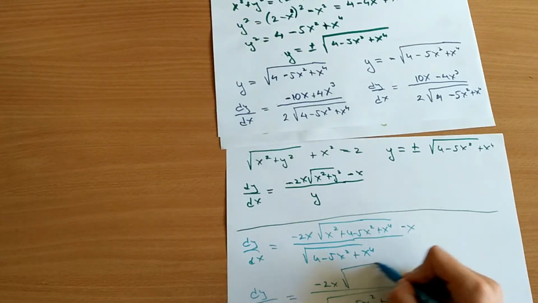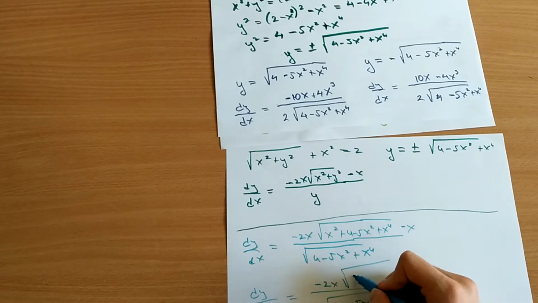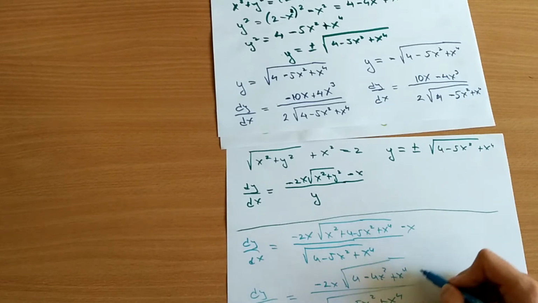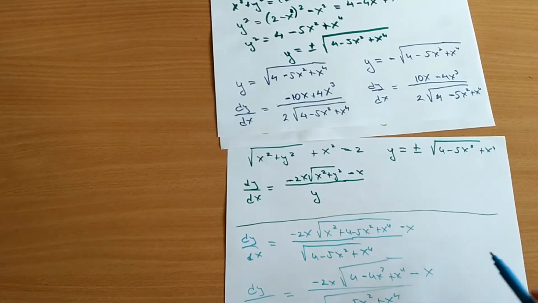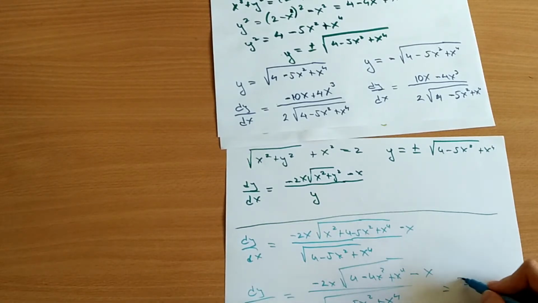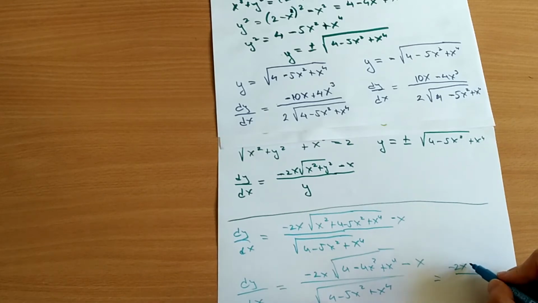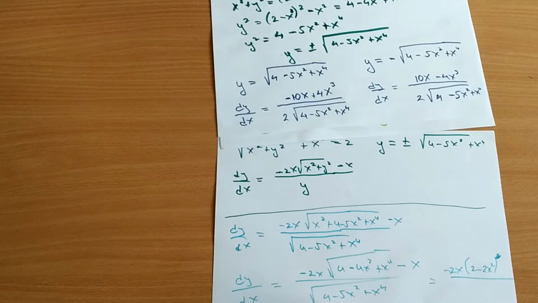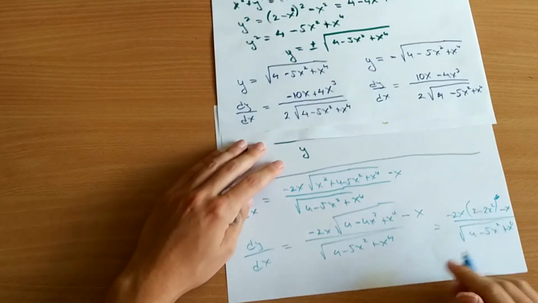We'll get in the square root 4 minus 4x squared plus x to the 4th power, minus x, and we can rewrite this expression as minus 2x times 2 minus 2x squared, and then if we find the square root of that, we will remove the exponent. Minus x is equal to 4 minus 5x squared plus x to the 4th power.